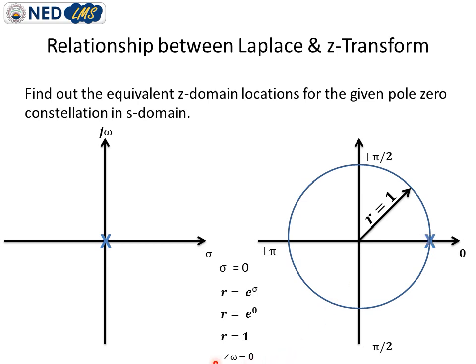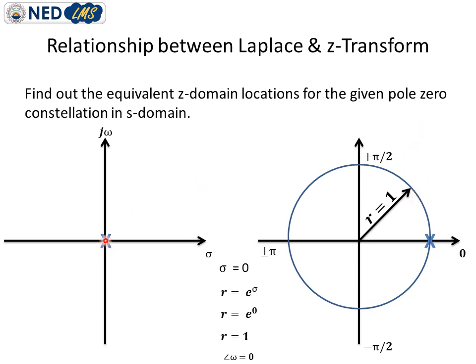If, for example, omega has some different value, for example, omega is shifted to this position, which is plus pi by 2, then I will mark the pole at this position. Or for some other value of omega, the same value of angle is marked on this unit circle, and then the pole is plotted at that position.